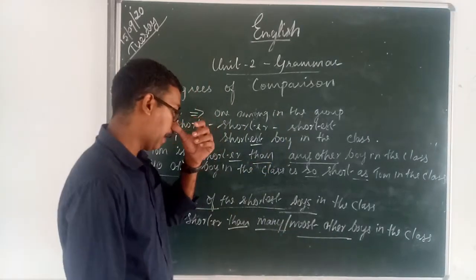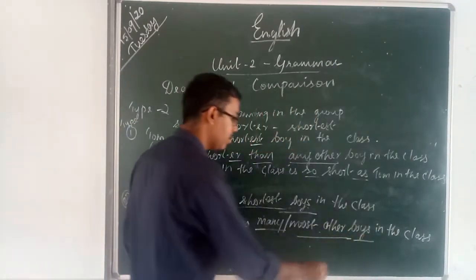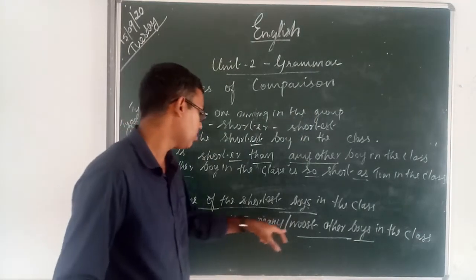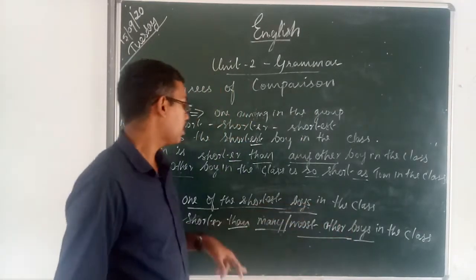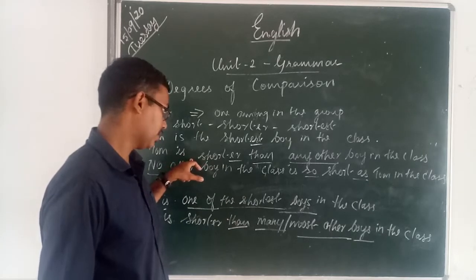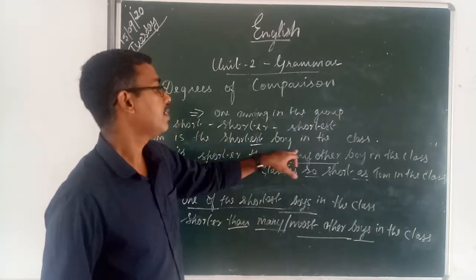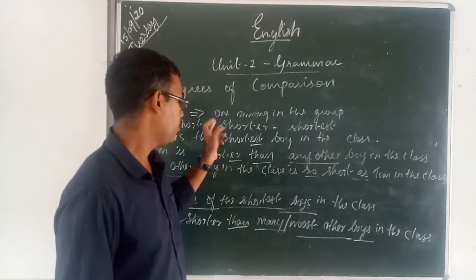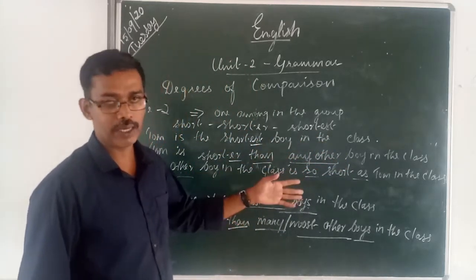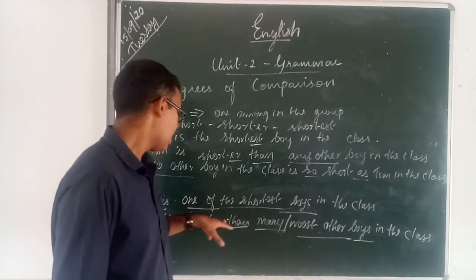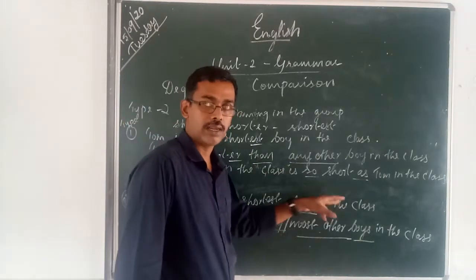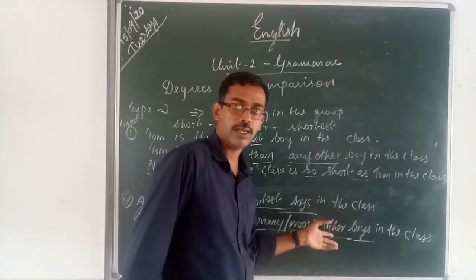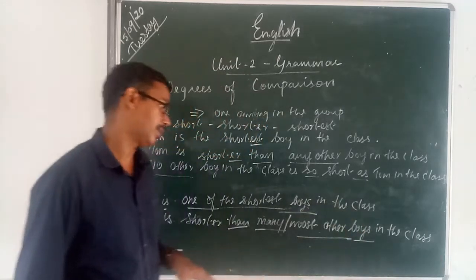This is the important thing you have to keep in mind. In the first type, shorter than any other. When you are selecting one among them, when you write in comparative degree, Alex is shorter than many other or most other boys in the class.